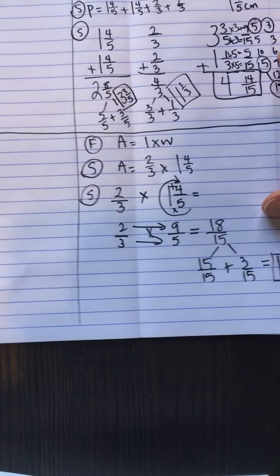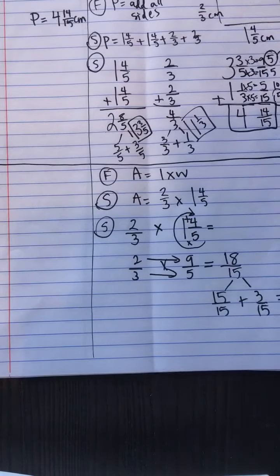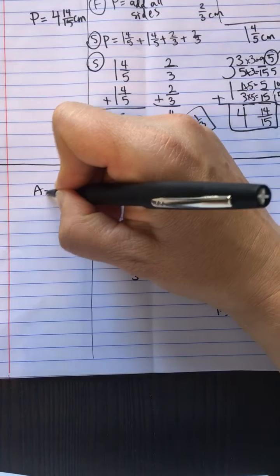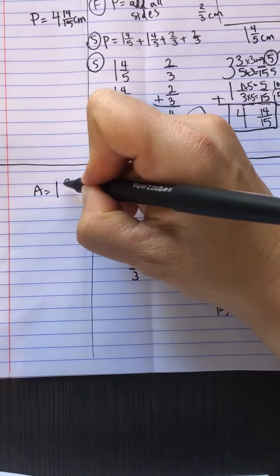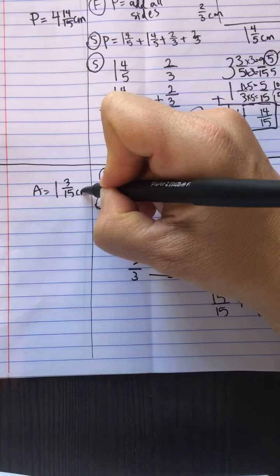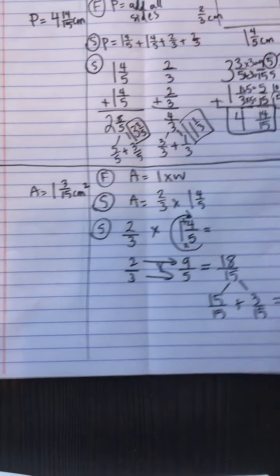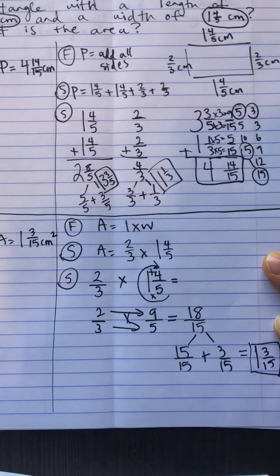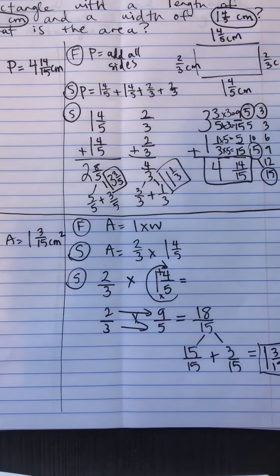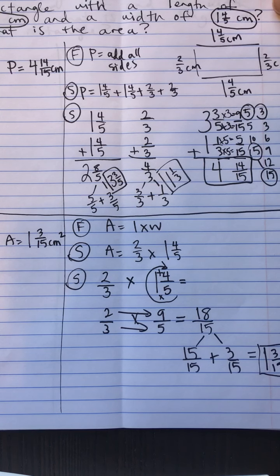So that means my area of this rectangle is 1 3/15 square centimeters. All right, so that was just a quick review of just normal perimeter and area problems. Now we're going to practice a couple where you are given the area and the side, and how do you find that other side.